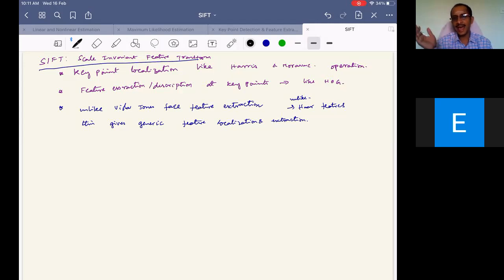And you have also seen that the Harris key point operator is anisotropic, in the sense that if there is a small rotation, the key points detected will be different from what would have been detected with no rotation. This is not like that. So these are all the features of this, and this is proposed by David Lowe.